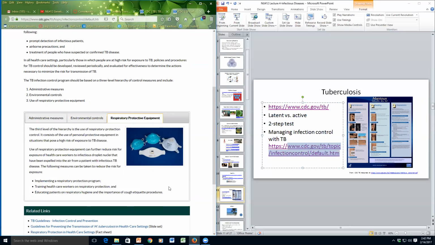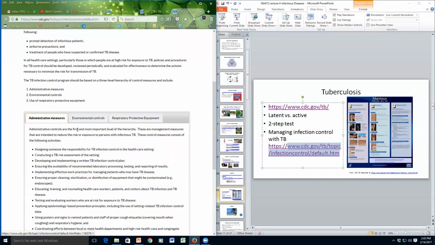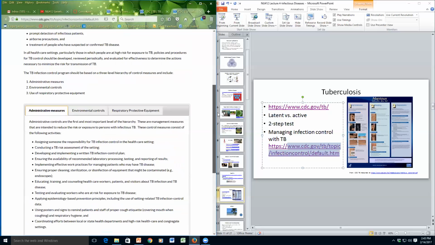If you're caring for a patient, this is beyond a respirator that's just a basic mask. You do have to be fit tested for that respirator if you have a patient with TB. It has great guidelines here on what the environment has to be in order to prevent the spread of illness, and then any administrative measures that need to occur to help minimize the spread of TB.